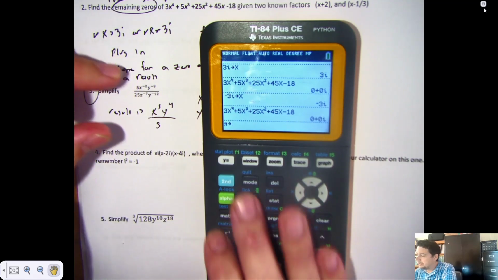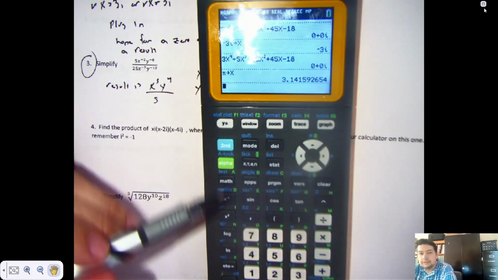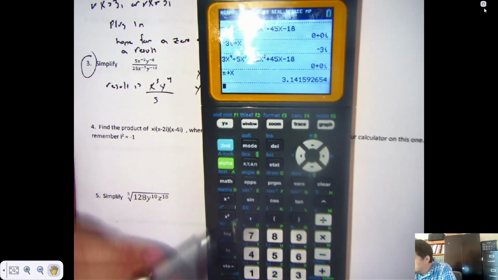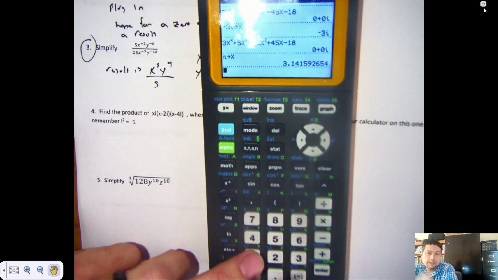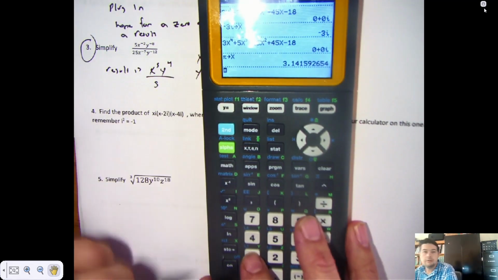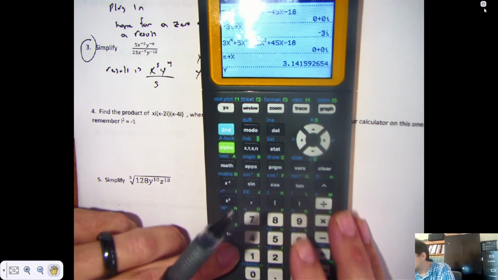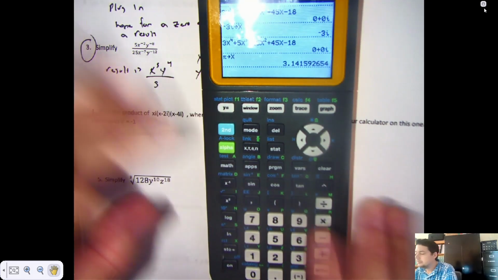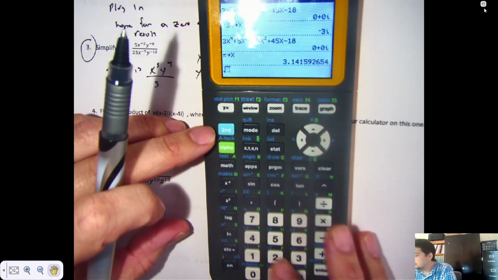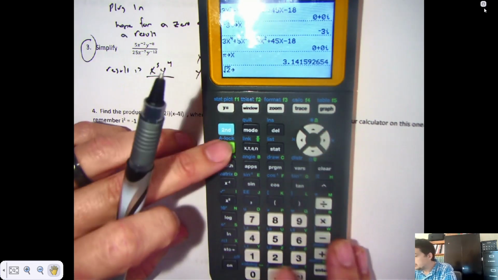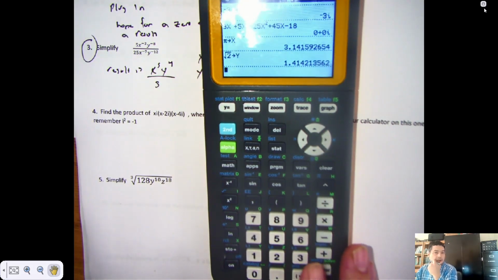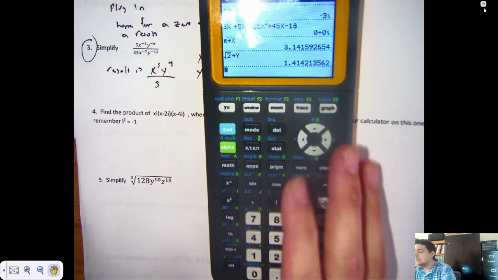I'm pretty sure it's already there. To pull up y, if you look at your faceplate, on the number 1 key there's a y. I'm going to hit alpha 1. Store. I did that backwards. I'm going to type root 2, store alpha 1. And now I can just type in this thing and see what it generates as a result.